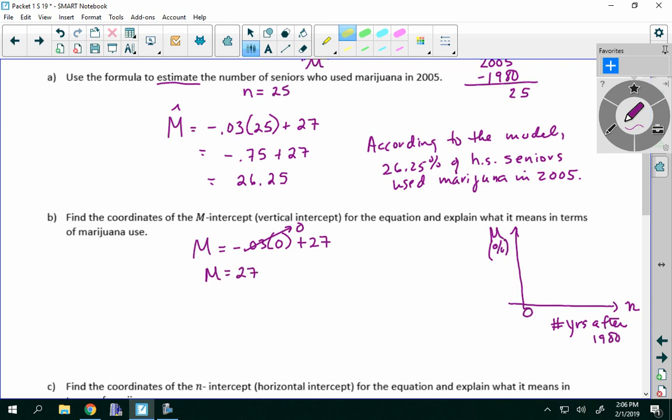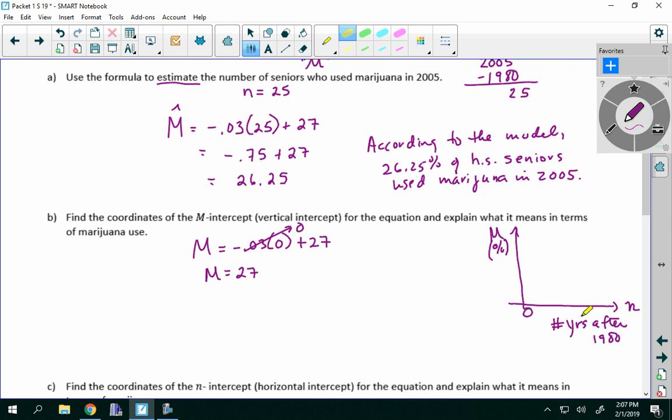So to interpret this, I need to know, what does a 0 mean? I know that 27 is 27% of the high school seniors, but what does a 0 mean for the year? If you recall, the numbers that N represent are the number of years after 1980. So since N is 0, that's our first base year, 1980.